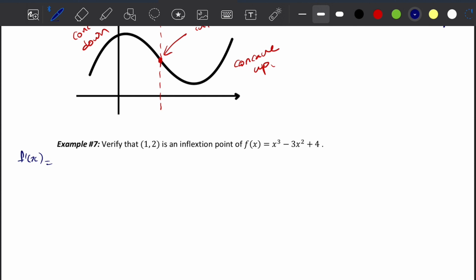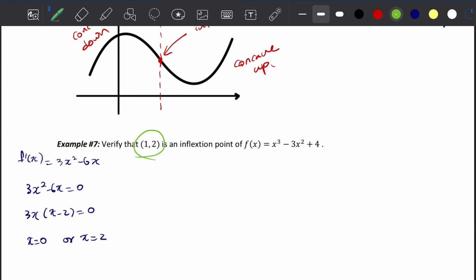The first derivative of f of x is 3x squared minus 6x. If I set this equal to 0, we can find the turning points, right? So we have 3x times (x minus 2) equals 0. Then we can say the x value is equal to 0 or 2.